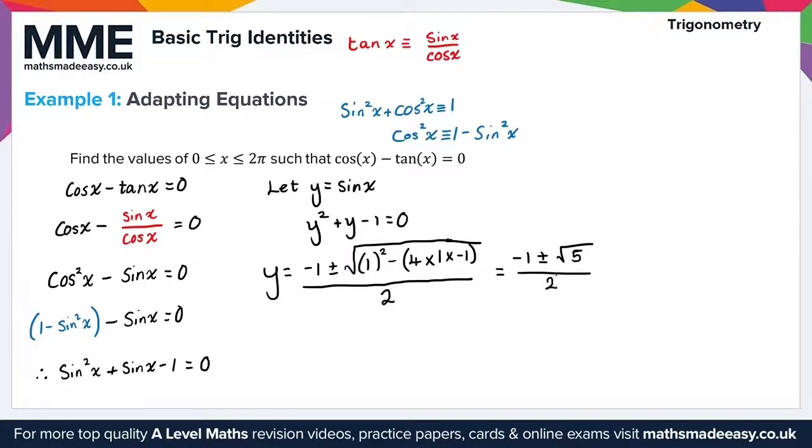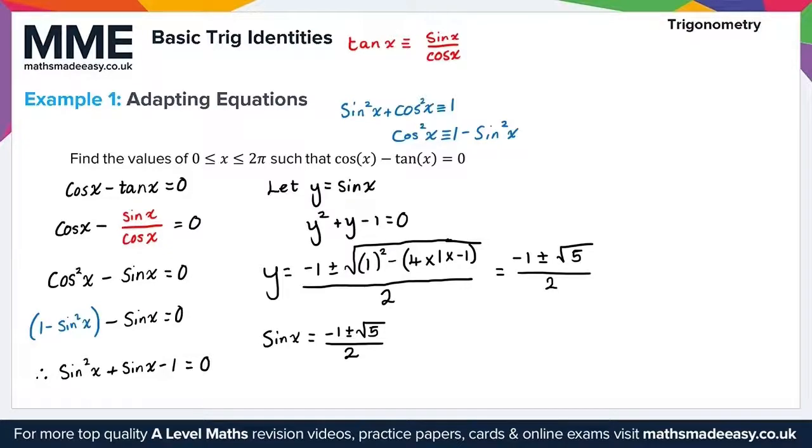If y is equal to sin x, then what we're saying is that sin x is equal to minus 1 plus or minus the square root of 5 over 2. However, we have to be slightly careful here, because sin x cannot be equal to minus 1 minus the square root of 5 over 2. That would fall outside of the range of values for which we can find the inverse.